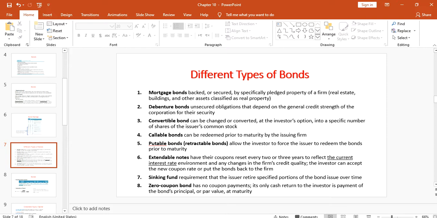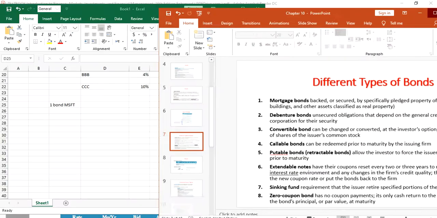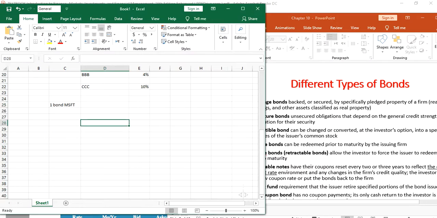So in this type of bond, the agreement can be like 2 years, 5% interest rate.